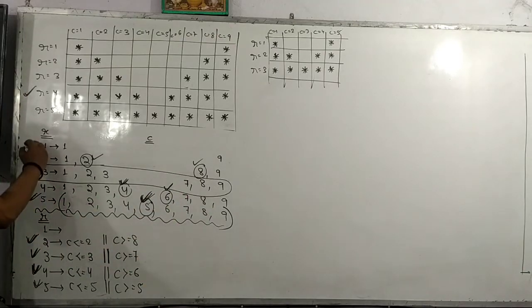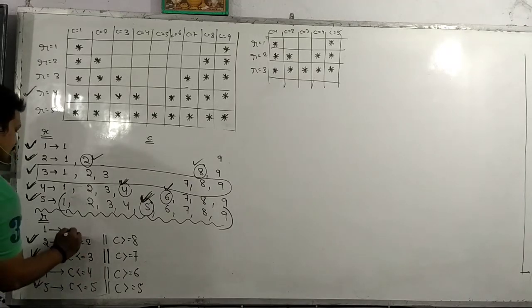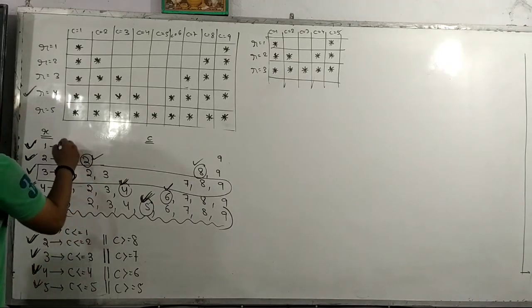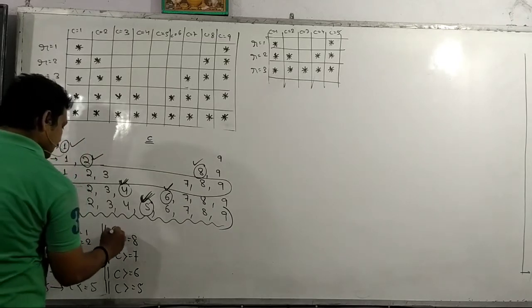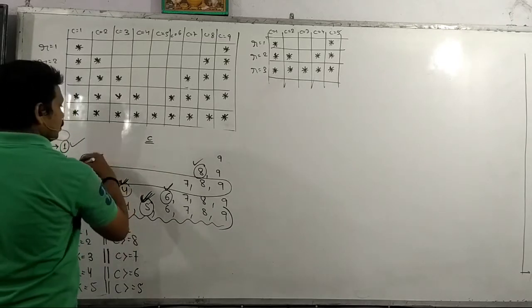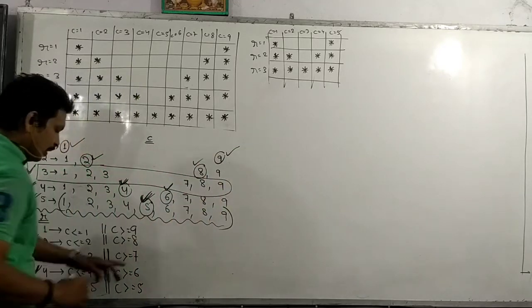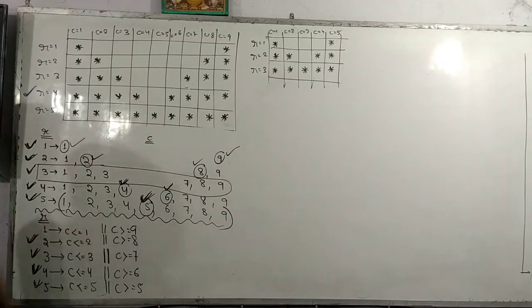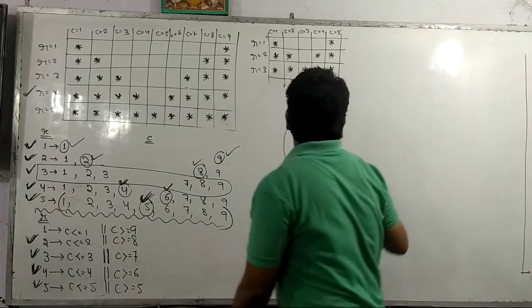Then when r is equal to 1, apply your common sense, after 5, just before 5, 4, 3, 2. So C less than equal to 1, logical or C greater than equal to what? Greater than equal to 9. Apply a formula, 5, 6, 7, 8, 9. Okay, so what is the condition?